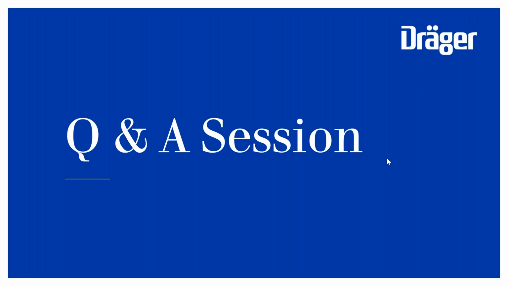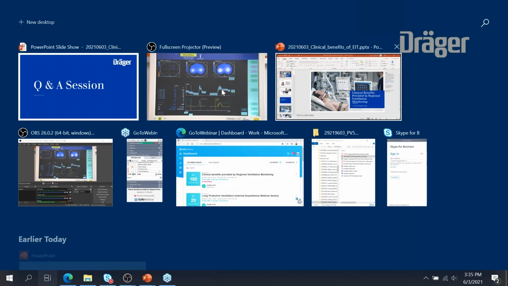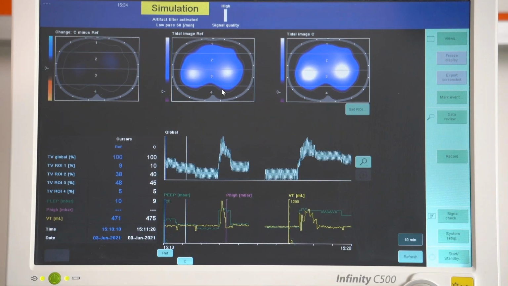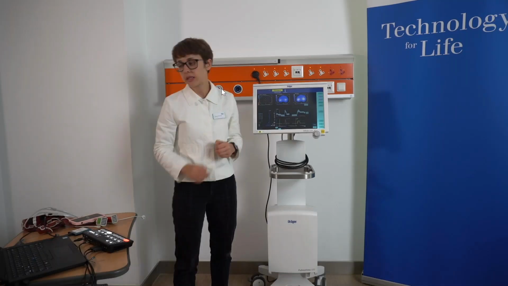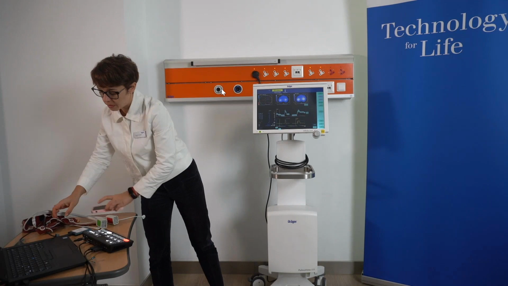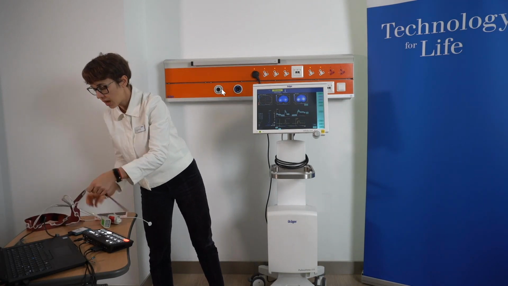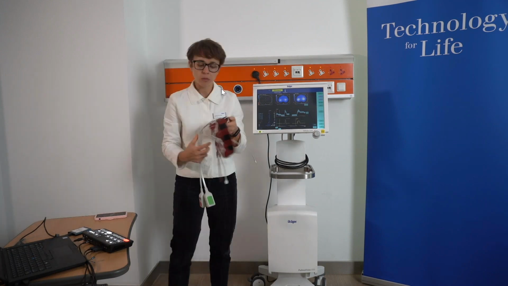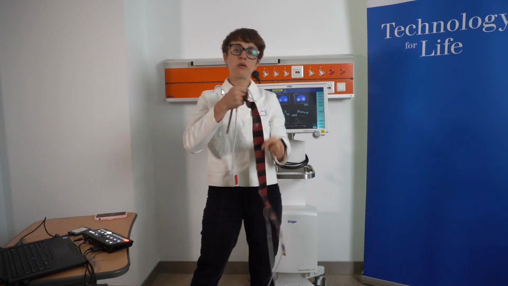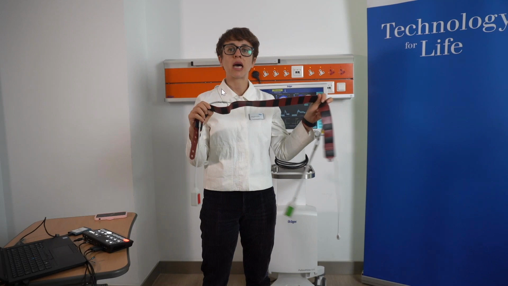Okay, so there is a question. Does it decrease the thoracic compliance? That is an excellent question, and I'm very glad that this question has been asked because it's very important how the belt is positioned. As I mentioned, I'm going to just disconnect the electrode. What is very important is that you select the right size of the patient belt.